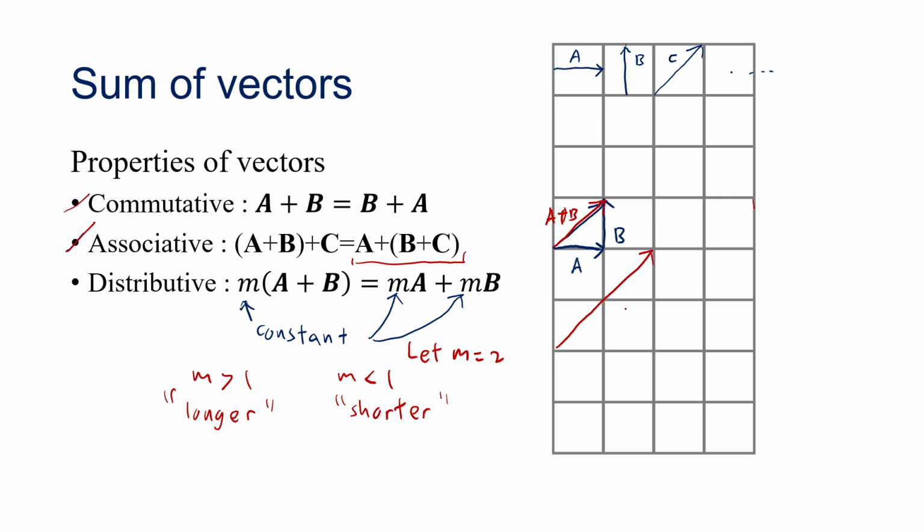This is 2(a plus b), right? Here you can see this is 1 unit of a plus b, and here becomes 2 units of a plus b, right?